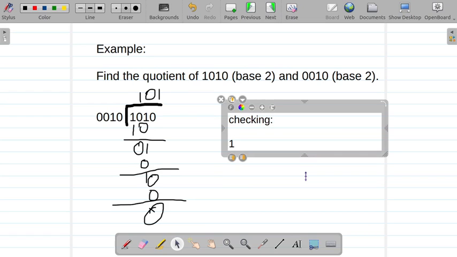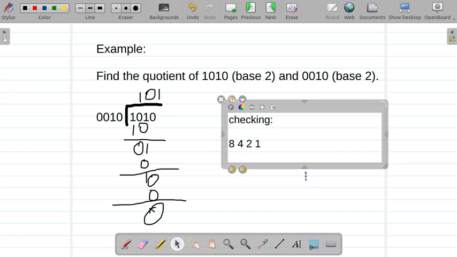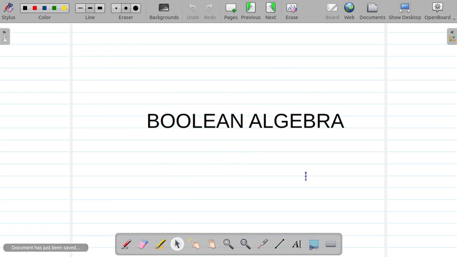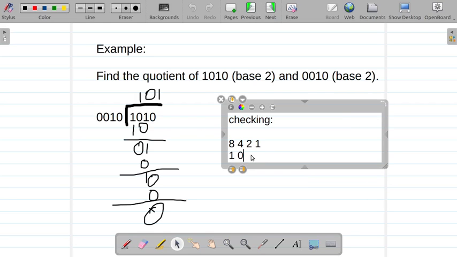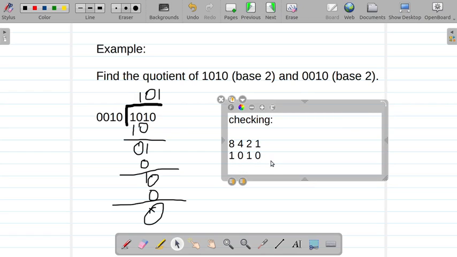So, 1010 in binary, 8421, is 1010 is equals to 8 plus 2, 10 in decimal, or base 10.